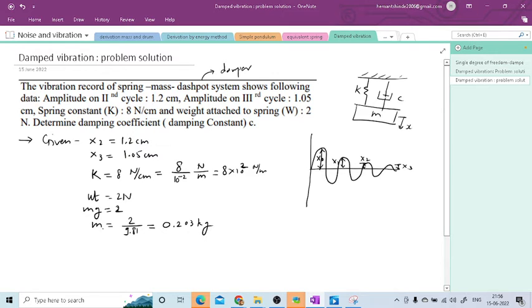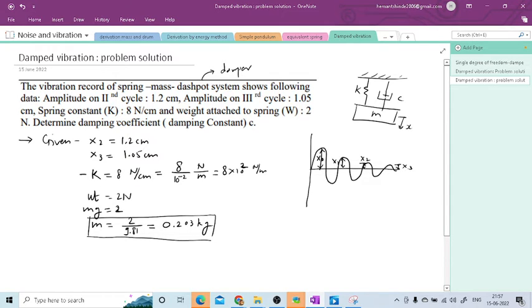Means they have given the mass 0.203 kg and the stiffness 8 into 10 raised to 2 Newton per meter. So I have converted the given values into required units. Okay. Now next one, the weight attached is 2 Newton.